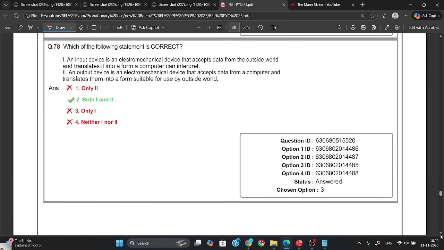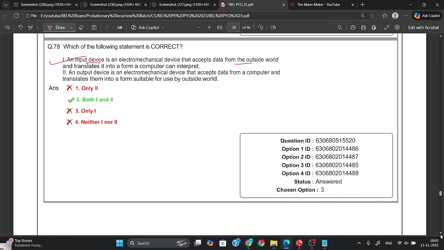Which of the following statements is correct? Okay, which of the following statements is correct? So here, an input device is an electromechanical device that expects data from the outside world and translates it into a form a computer can use. Okay, this is correct. Input device, what it will do, it will take the input, or it will expect the data from the outside sources.